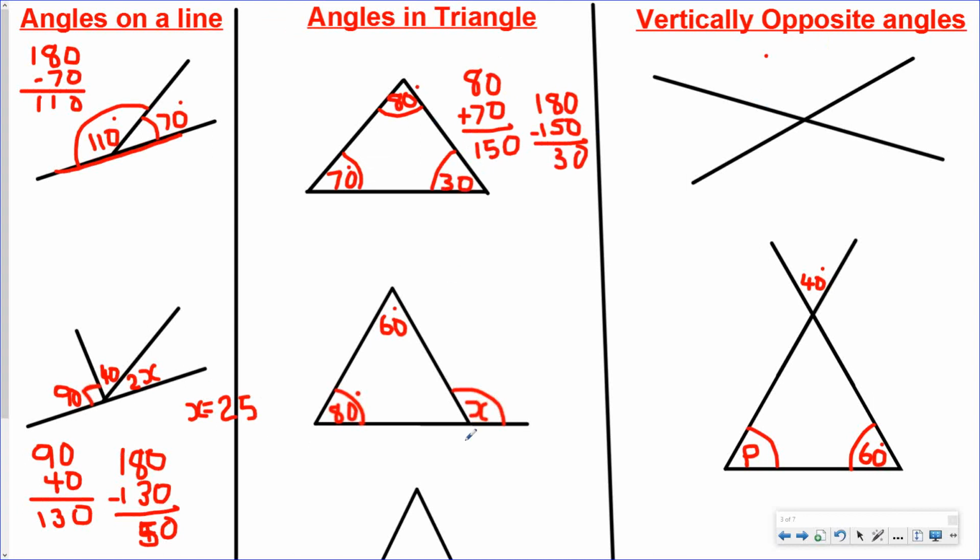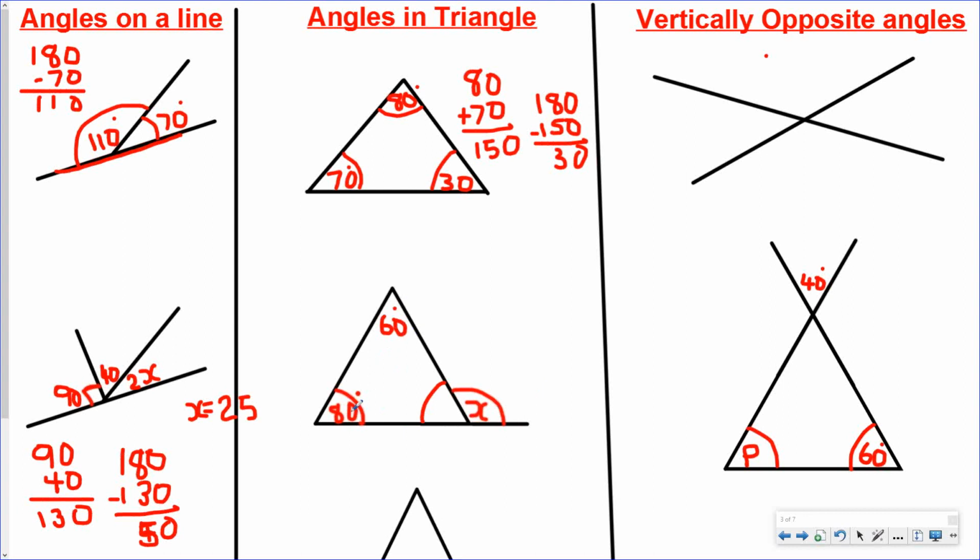Now we've covered angles in a straight line, 180, and angles in a triangle, 180. We're now going to put them together. Let's go through the whole process.